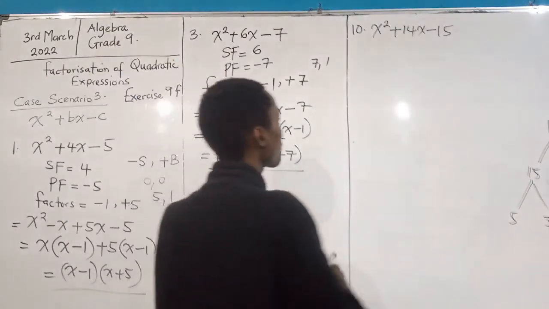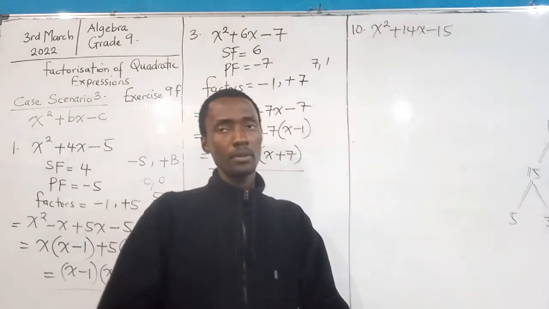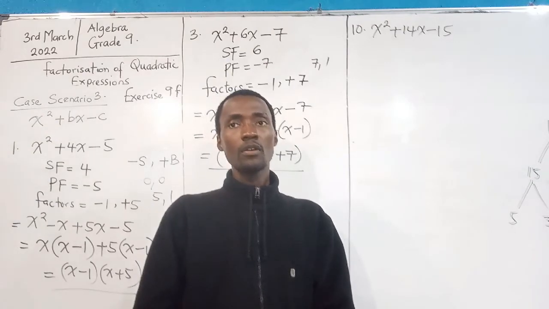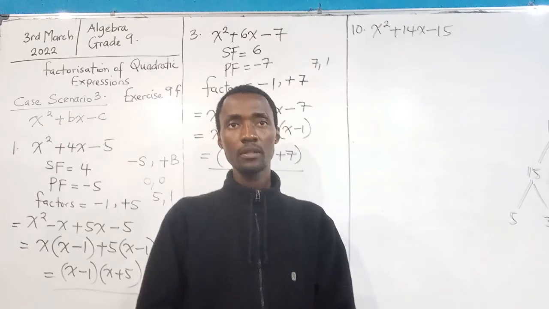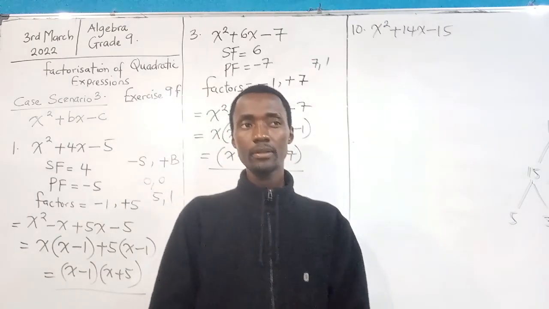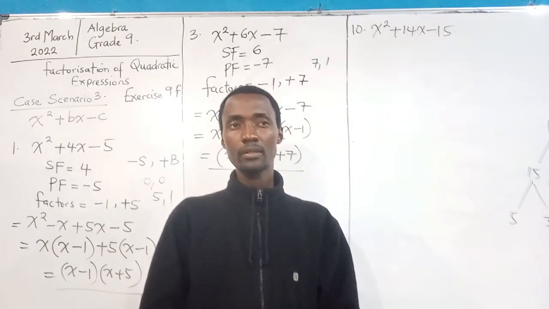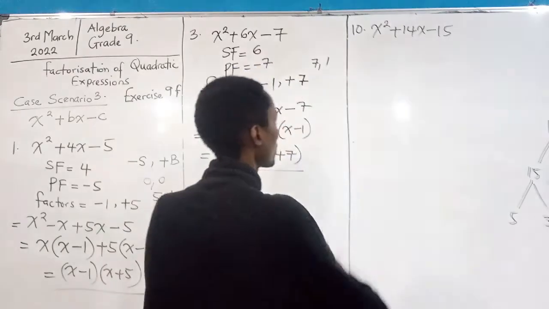Okay, so we have x squared plus 14x minus 15.